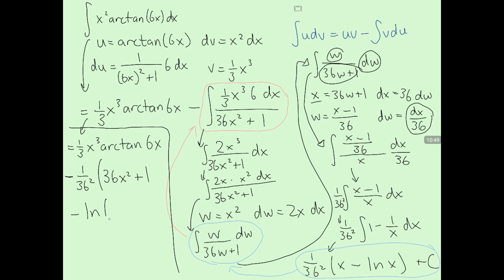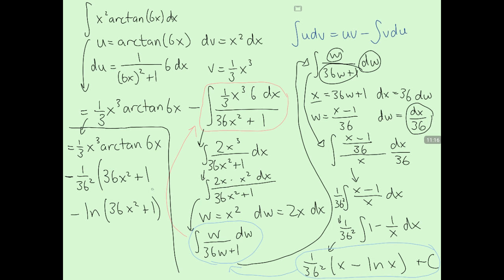So ln of x, which is 36x squared plus 1. I did not realize this, but we actually used the x variable twice, which is very, very confusing. Okay, just pretend that these x variables on the right are some other variable.